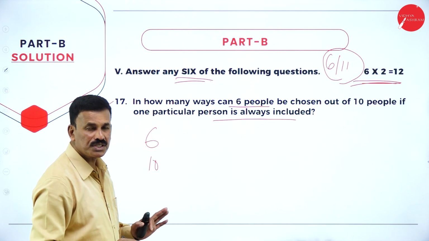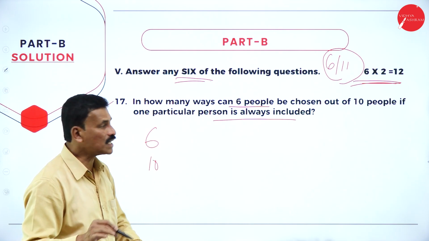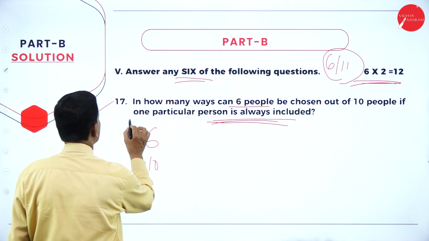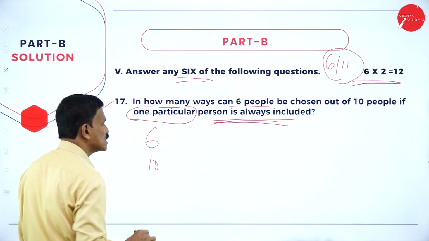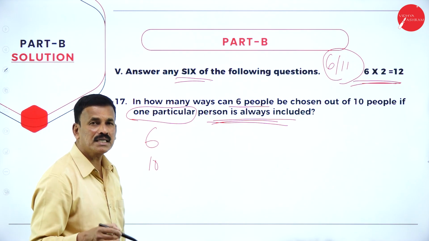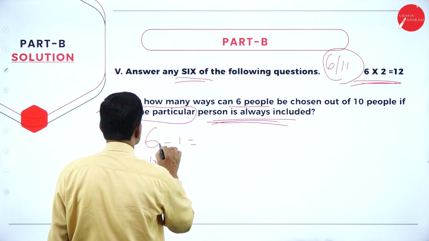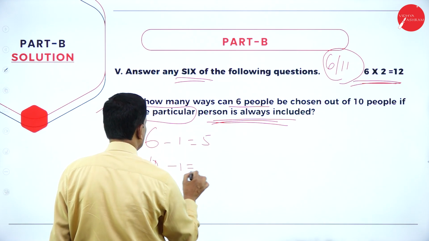The condition is that one particular person is always included, which means just take 1 from this. So 6 minus 1 is 5, 10 minus 1 is 9.